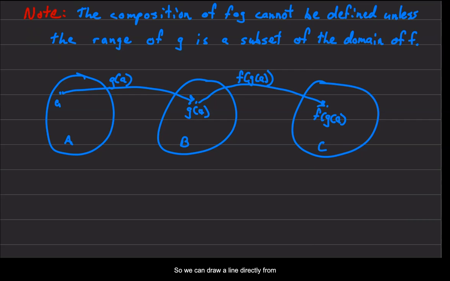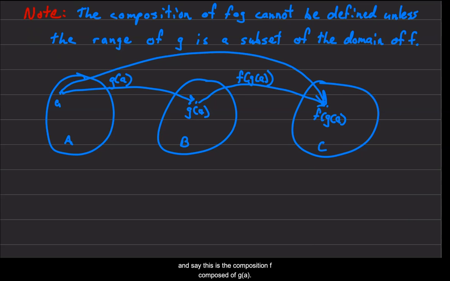So we can draw a line directly from A to C and say this is the composition f composed with g of a. And then generally we'll just look at the function g taking us from set A to set B, and the function f taking us from set B to set C.